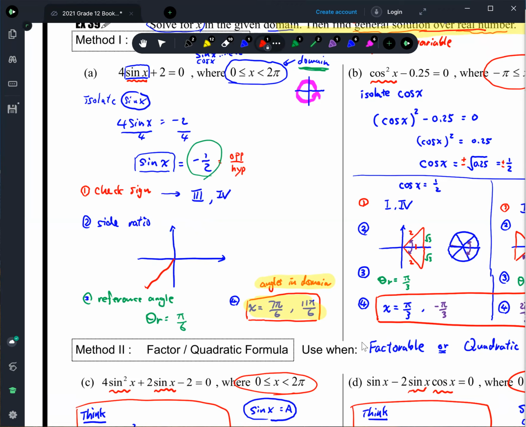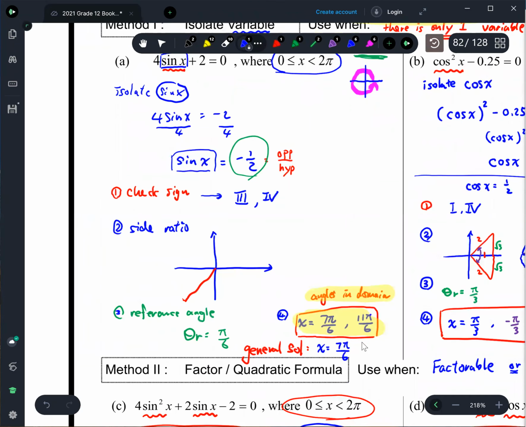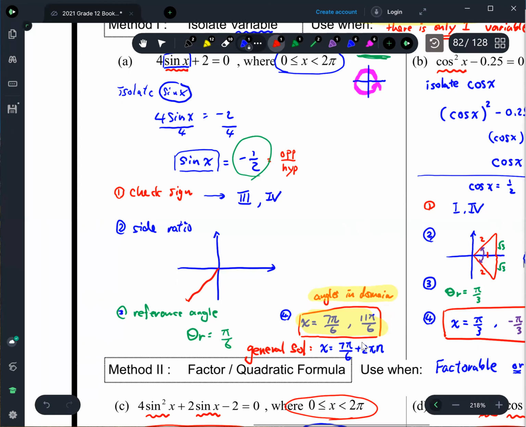General solution: x equals 7 pi over 6 plus 2 pi n. 2 pi means a circle, a complete circle. n is the number of times that you turn. So that's for quadrant 3.